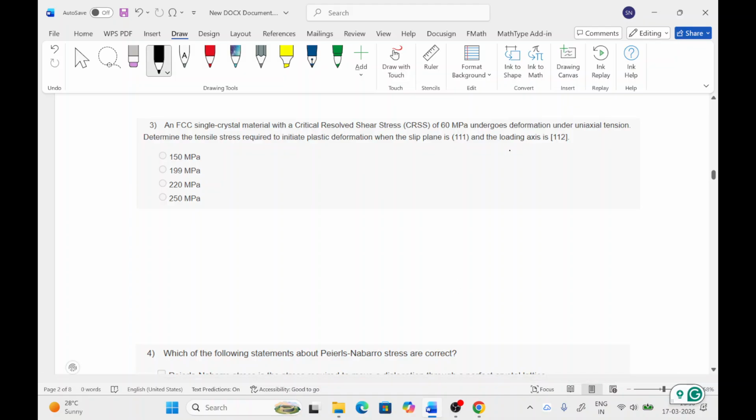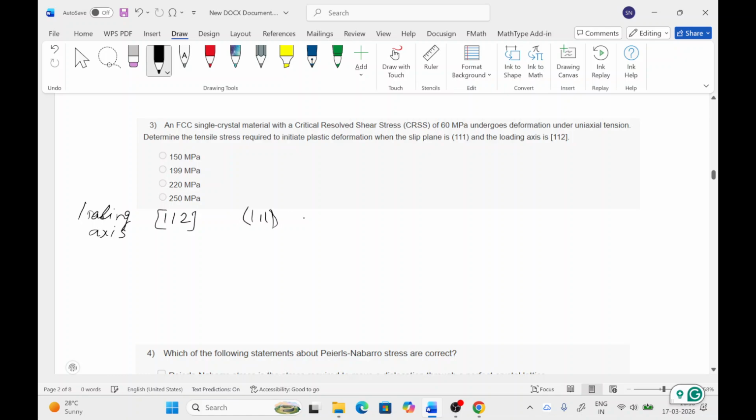So the loading axis is 112 and the slip plane is 111.